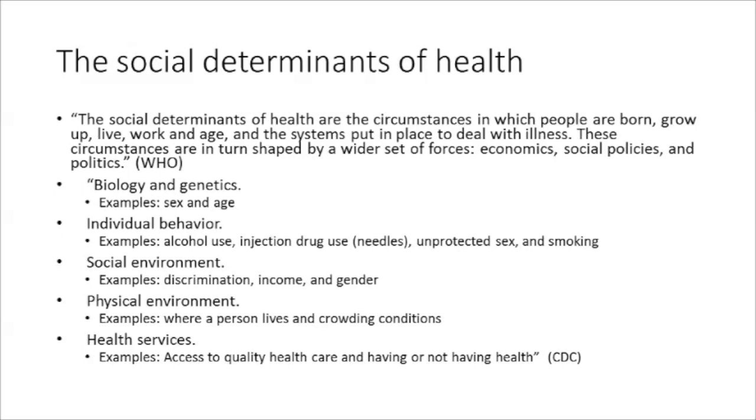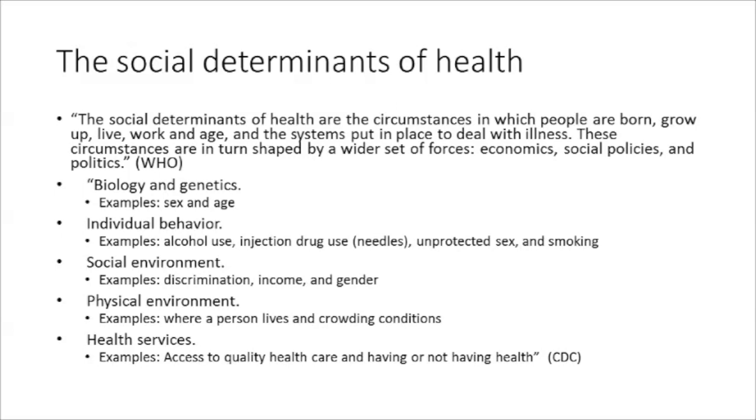That is alcohol use, injection drug use, unprotected sex, and smoking. There are many more examples for individual behaviors that can either improve or worsen our own health conditions. A positive factor, for instance, would be doing regular exercise, which tends to improve our health status.